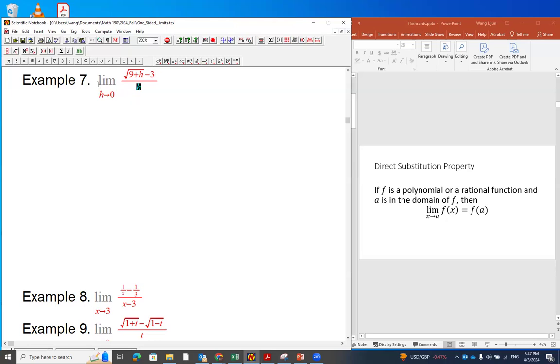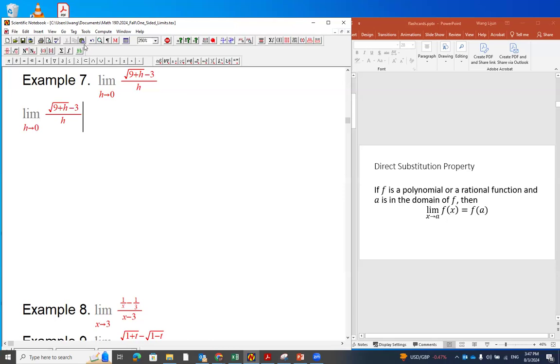So we cannot use any of those properties. But we have a radical on the top, right? Typically in this case, we try to rationalize. So we find the conjugate of the top. The conjugate of the top is the root plus 3.